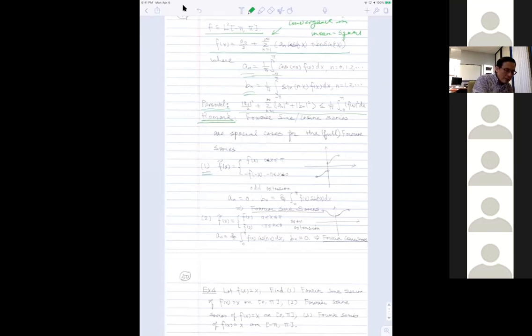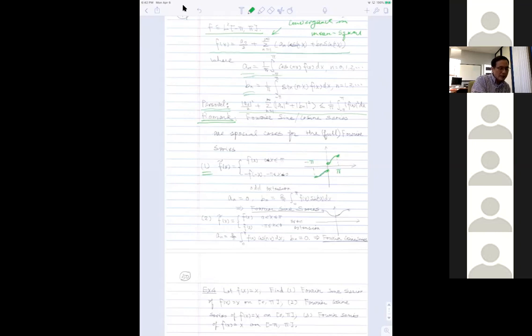The Fourier sine series is for a function from 0 to pi. If I have a function from 0 to pi, like this function here, I can extend this function to negative pi to 0 as an odd function. So the graph should be symmetric with respect to the origin.